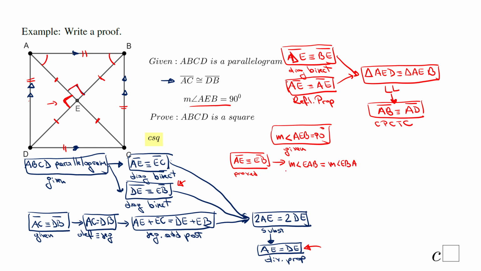Okay, so they have the same measure. And the reason is property of an isosceles triangle, right?